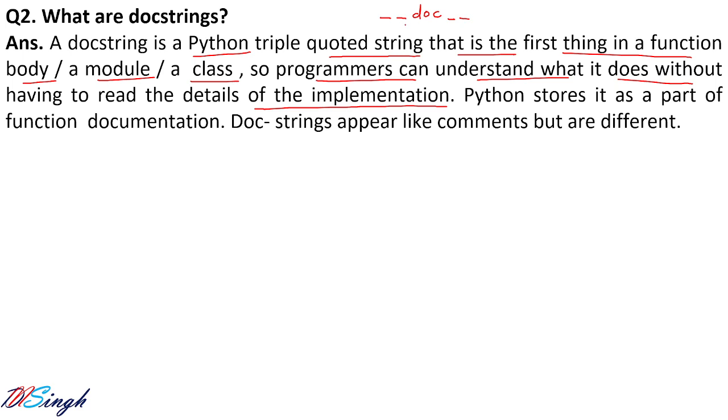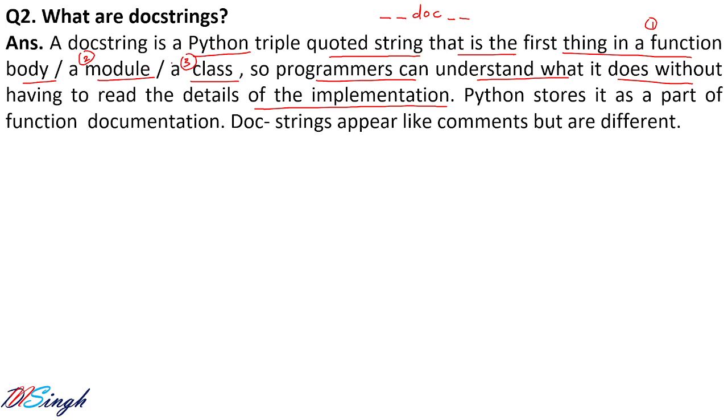Now what is the purpose? To explain what that code does, what that function does, or what that module does, because it can be inside a function or a module or a class. So it tells the programmer what that particular function or module or class is doing.